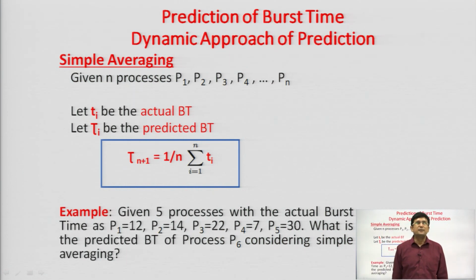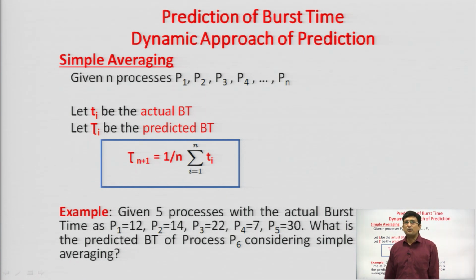So, the other mechanism is the dynamic approach. Dynamic approach means, let us take advantage of the previous experiences. We have the actual burst times of the previously executed processes, and we have to find out the burst time of the future process.